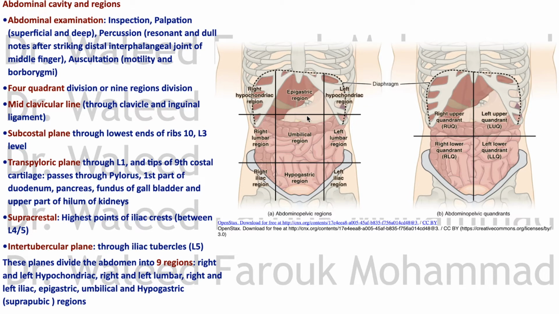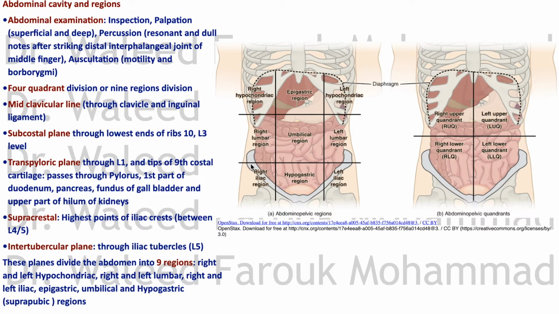Transpyloric means it passes through the pylorus of the stomach, the first part of the duodenum. It passes through the pancreas as it goes up and to the left, and passes through the hilum of the kidneys. So it's of clinical importance, the transpyloric.